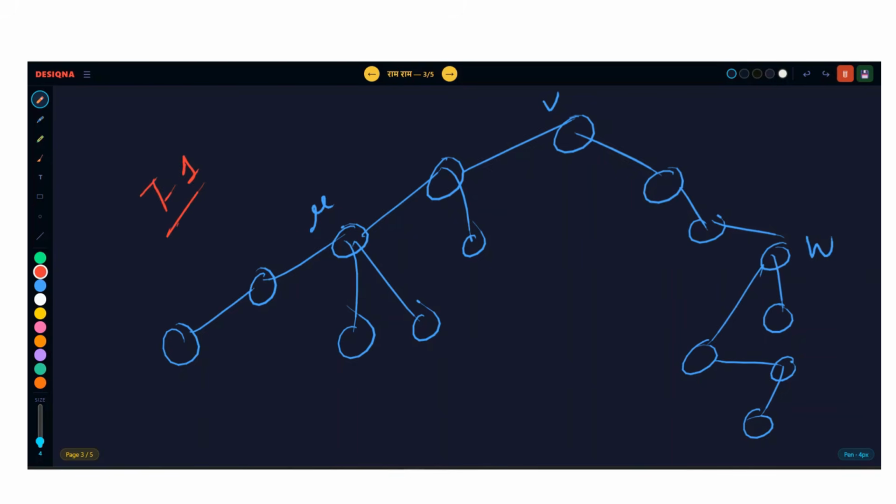Why? Because you can go from U to V, V is our middle node, and from V you can just go to W. So you can go from U to V and then from V to W. So the full path is just a single line. We call them type 1 paths.